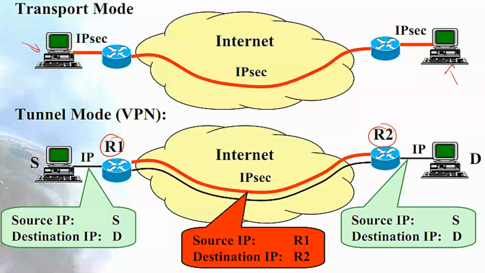And nothing in the packet can be read between R1 and R2, but before R1 and after R2, the original IP header will still be in the clear. You'll have to notice that in transport mode, there is no anonymity in this case. You can only provide authentication, and you can also encrypt the payload itself, but the IP header itself has to be in the clear because the routers have to read it in order to do routing.